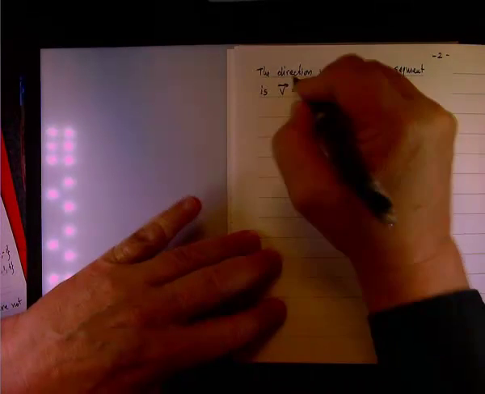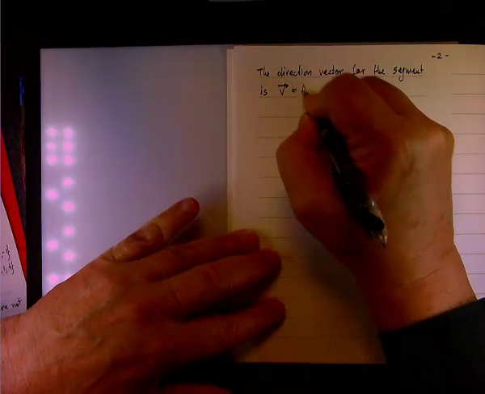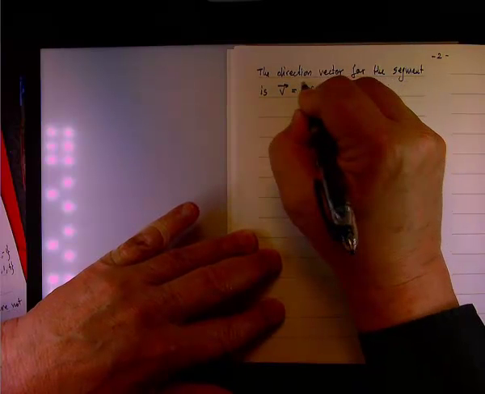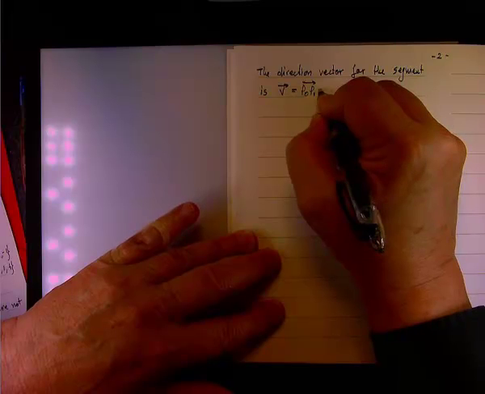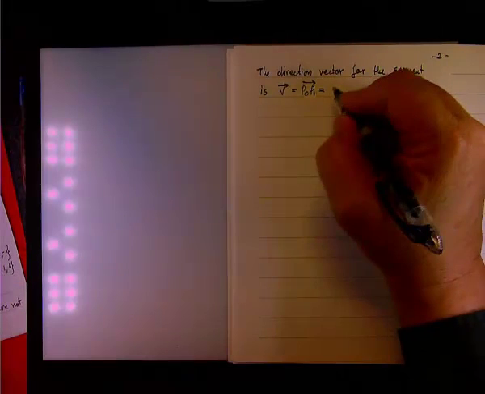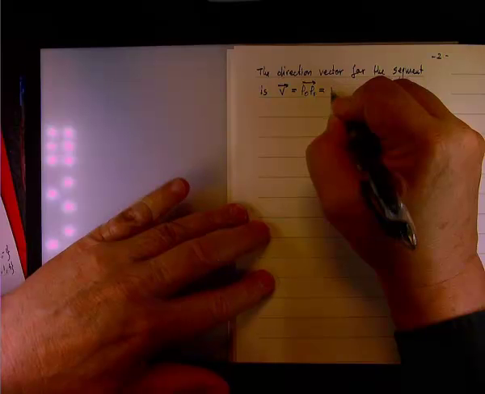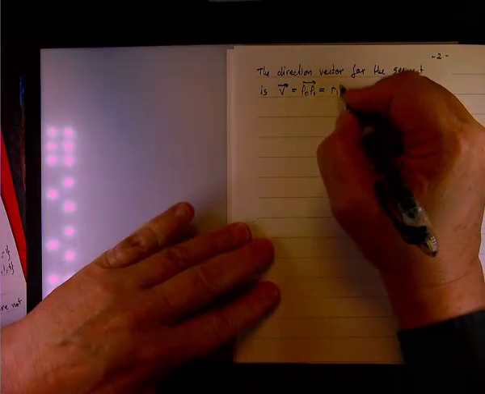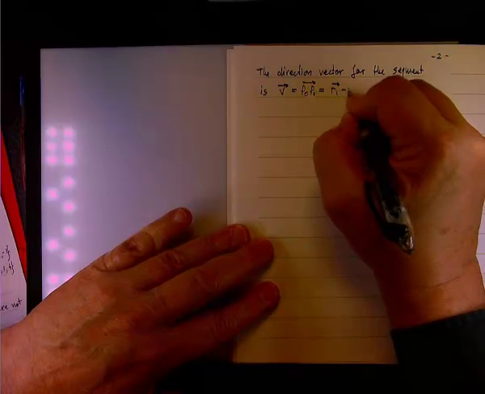The segment itself is p sub 0 p sub 1. Let's say the initial point is p sub 0, the end point is p sub 1. So this is the vector. If you do vector subtraction, you see that it's r1 minus r0.